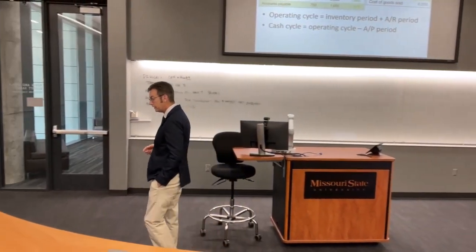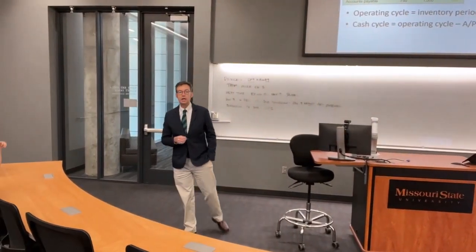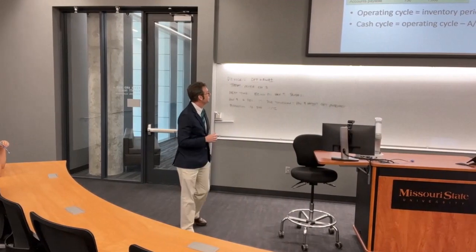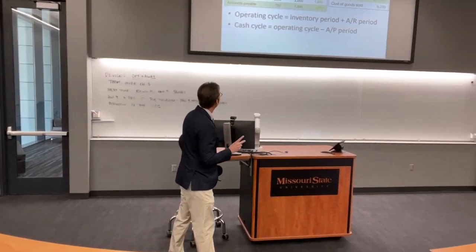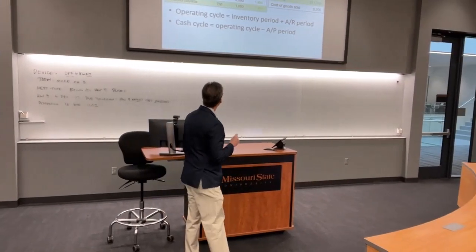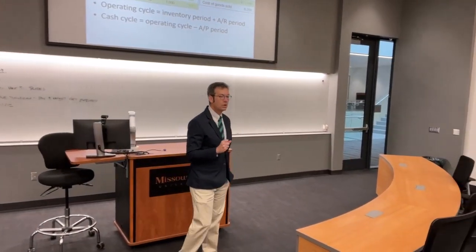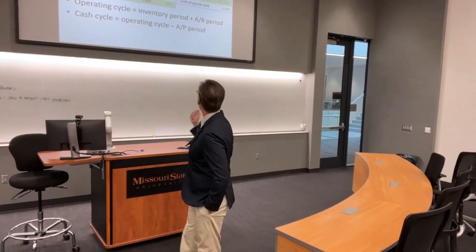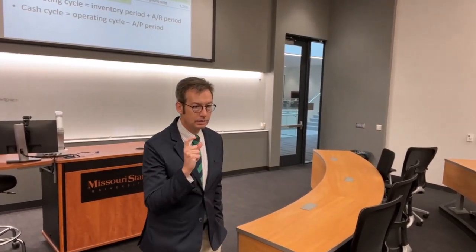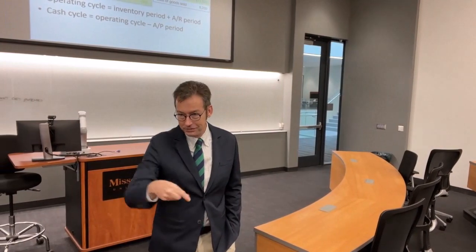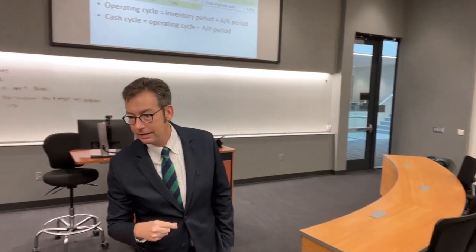Okay, there's one more period up here, the accounts payable period. Now, the accounts payable period, let's talk about that one. Would I use cost of goods sold or sales as my numerator? Cost of goods sold, why?